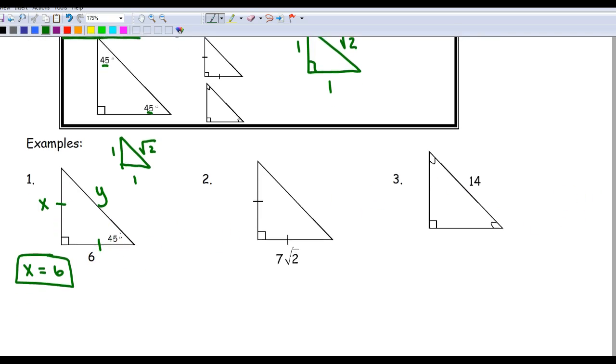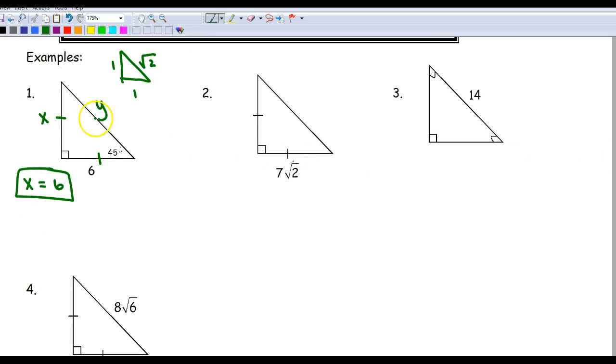So then all we need to do is set up a proportion to solve for Y, because Y isn't equal to anything. Y matches up with root 2. So we're going to make Y over root 2, and then we know that 6 matches up with 1. Then we're going to cross multiply.